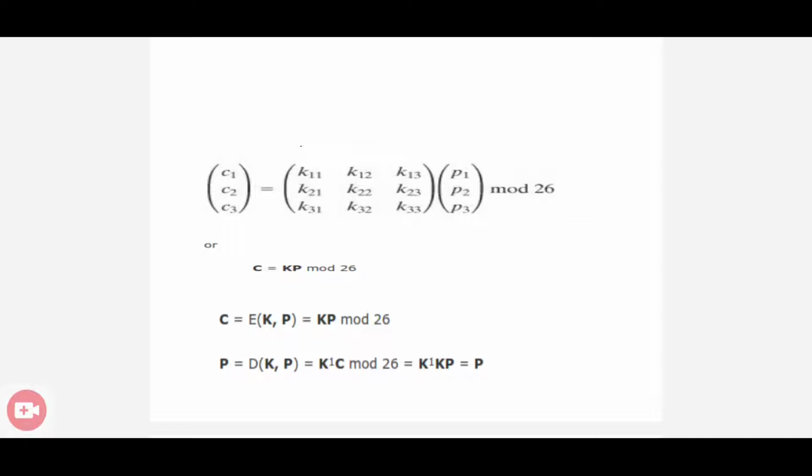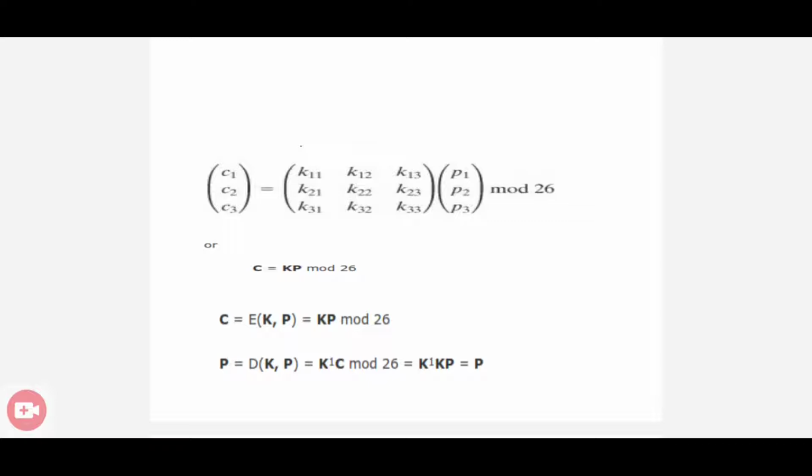Then what about decryption? Decryption is the reverse process of encryption. That means in decryption, ciphertext is converted back into plain text. So P is equal to K inverse C mod 26. The inverse of the key matrix multiplied by the ciphertext mod 26 is the process that takes place in decryption.